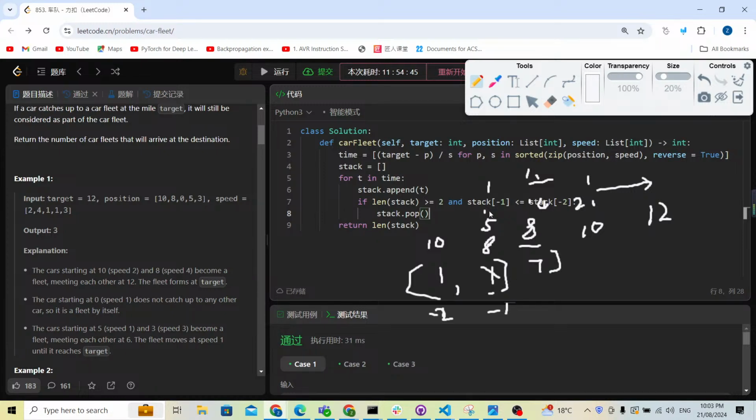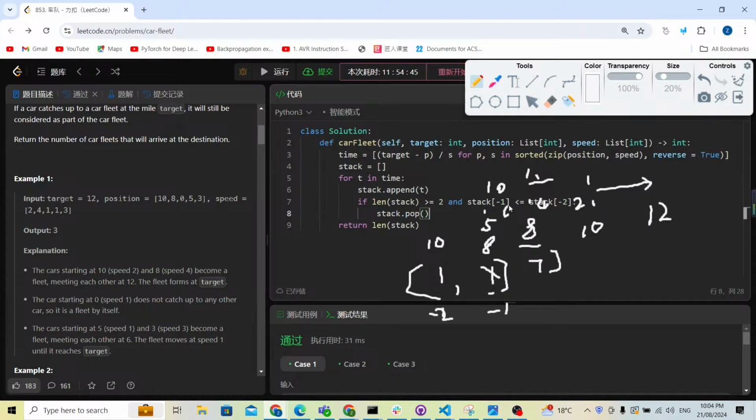But what if the speed is maybe 10 instead of 1? The speed is 10, and 12 minus 5 is 7, 7 divided by 10.